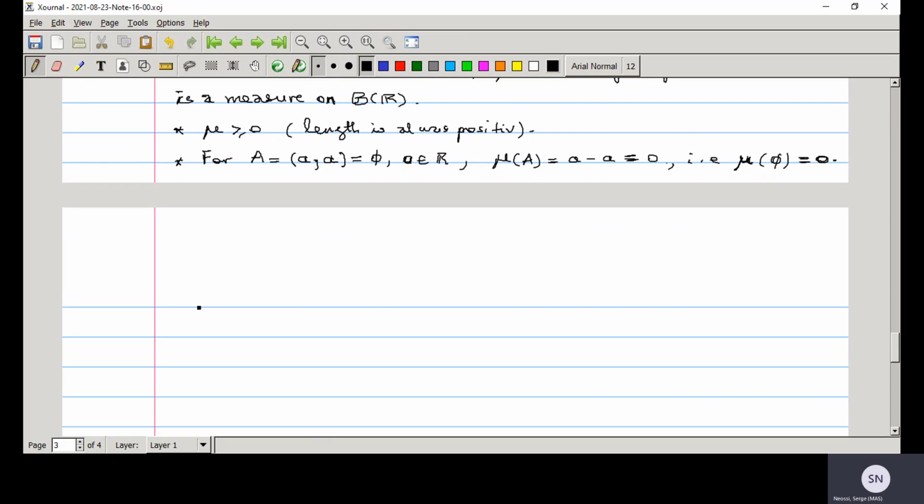Okay, now if I take a countable union, but make sure that they are disjoint. Countable union, and we make sure that the elements are disjoint.